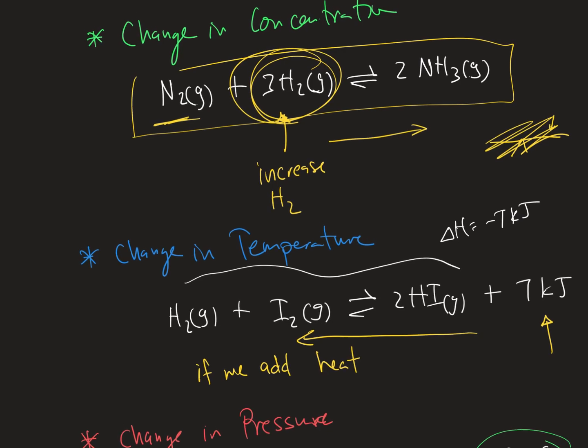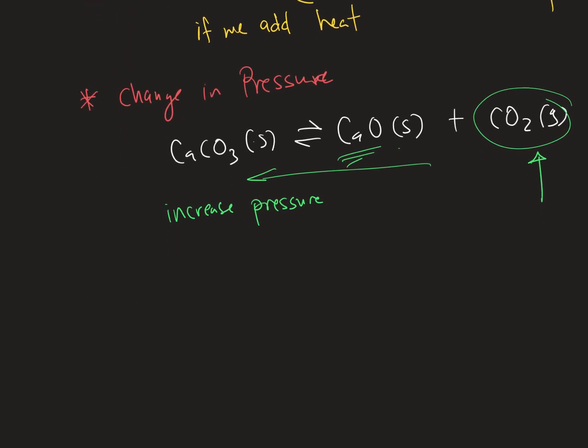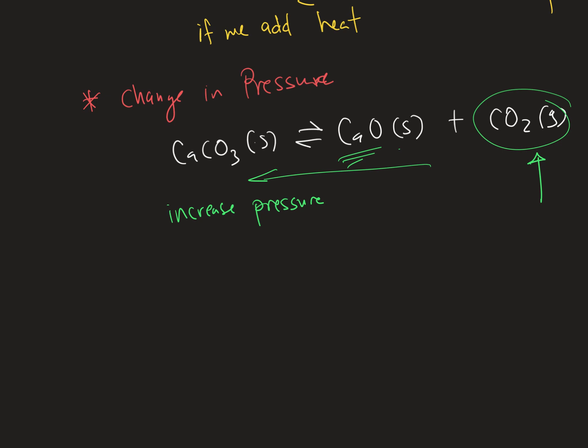So that is 3 changes in equilibrium. What's the fourth change? Yeah, the addition of a catalyst. And when we have an addition of a catalyst, there is no change in equilibrium.